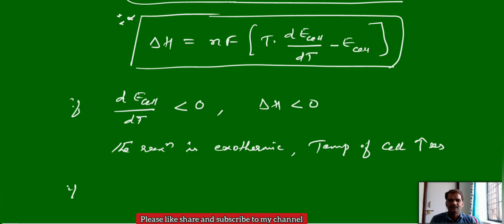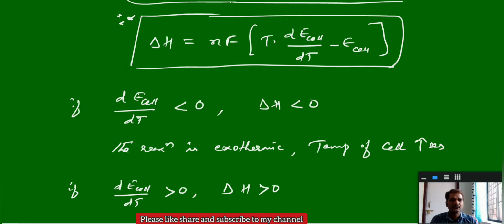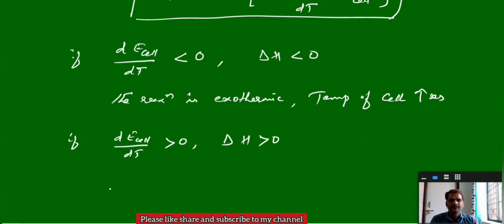And if we take the reverse, quite opposite: if dE cell by dT is greater than 0, then in that case the reaction should be endothermic. The reaction means the reaction inside the cell.